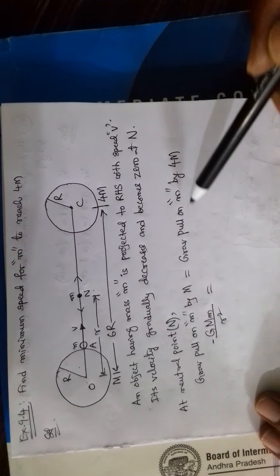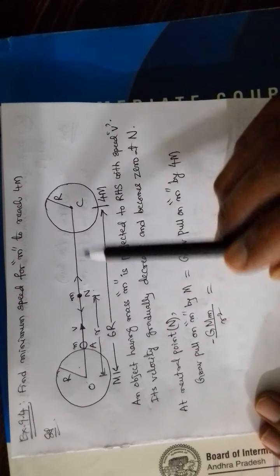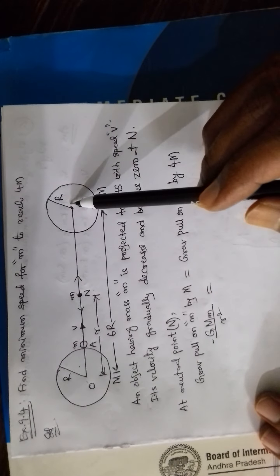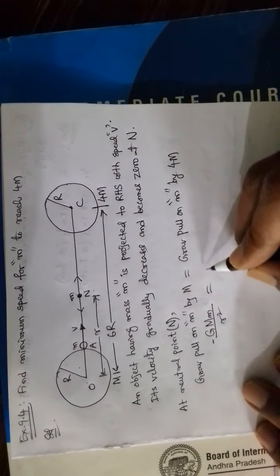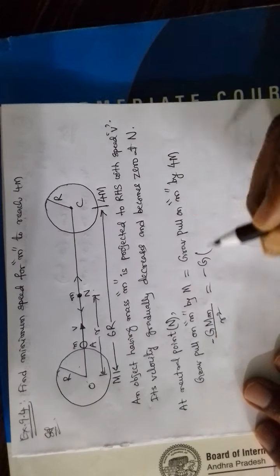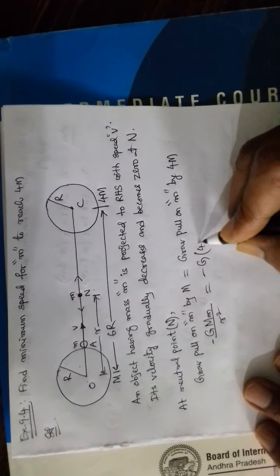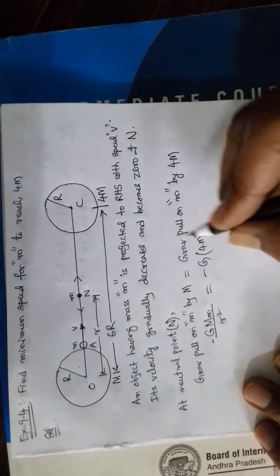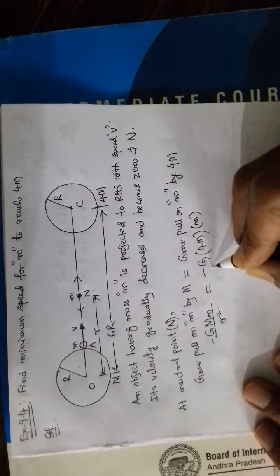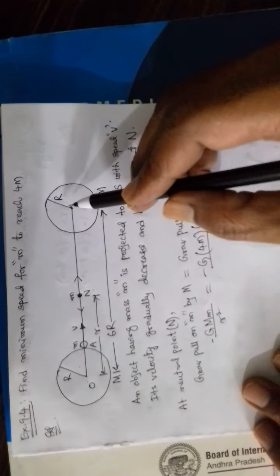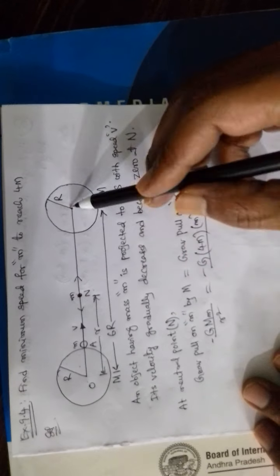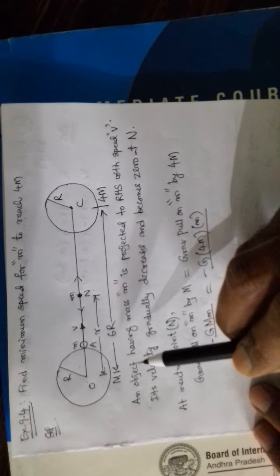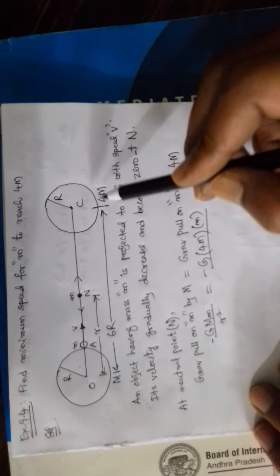Now the gravitational force of attraction between this and this is G 4m, here small m, by the distance. This distance you get by subtracting this from this.